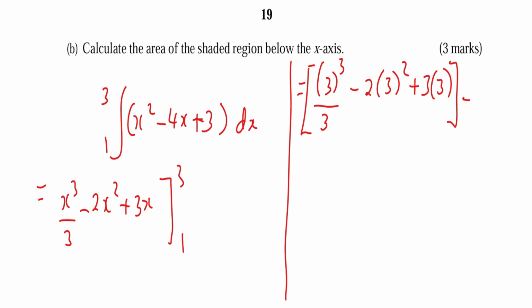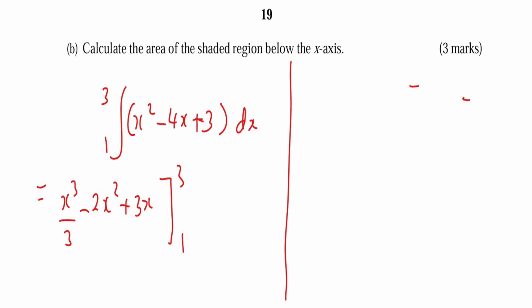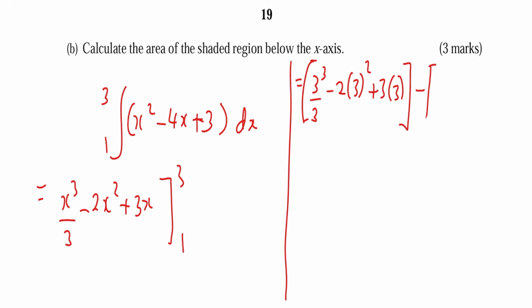Let me write here, because there isn't enough space, that's why I'm reducing the size. So, as we said, 3 cubed divided by 3 minus 2 times 3 squared plus 3 times 3 gives you the first value. Then we go to 1: 1 cubed divided by 3 minus 2 times 1 squared plus 3 times 1.